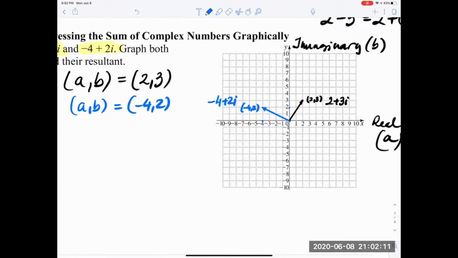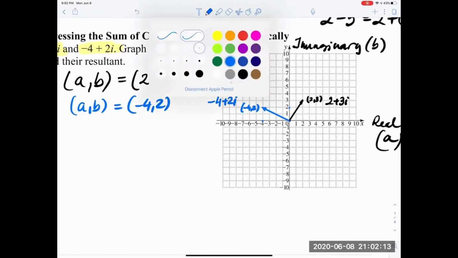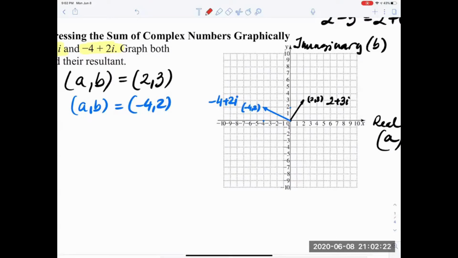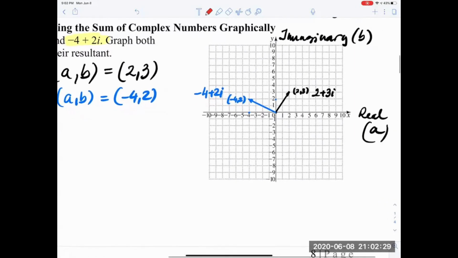So now the question is, how do you find the resultant? The resultant of a combination of vectors is found if you draw a parallelogram using the sides that you already have. So literally, I am trying to draw a line that is parallel to, let's say I'm at this end, negative 4 and 2, and I'm trying to draw a line that's parallel to the other vector.